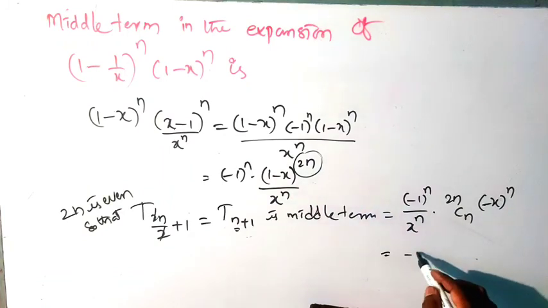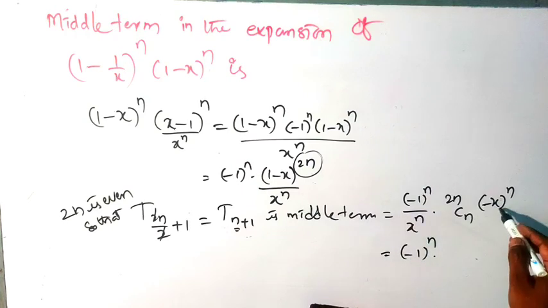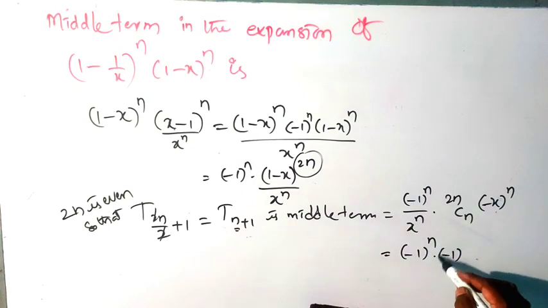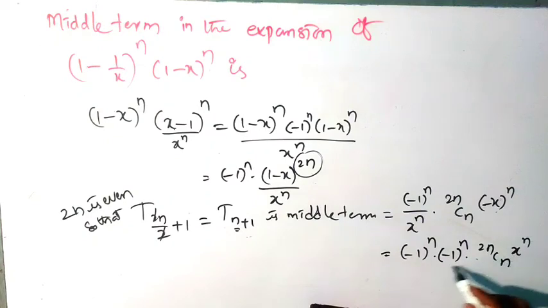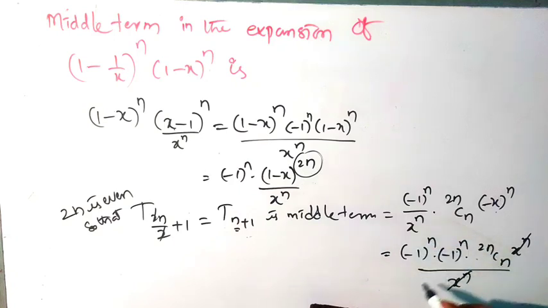So we get (-1) whole power of n, times 2nCn (-1) whole power of n x to the power of n, divided by x to the power of n. The x to the power of n cancels. Then (-1) whole power of n times (-1) whole power of n gives (-1) whole power of 2n, and since 2n is an even number, it is plus. So 2nCn is the middle term of the given expansion.